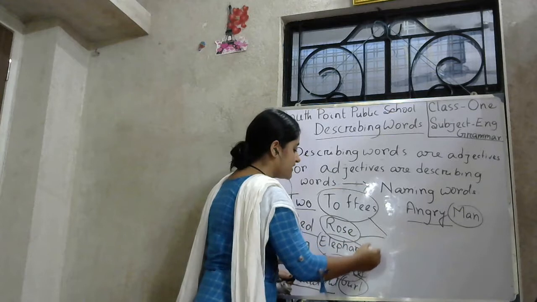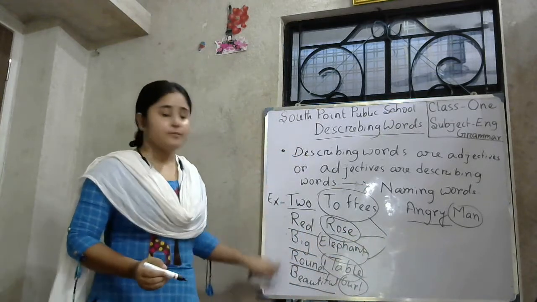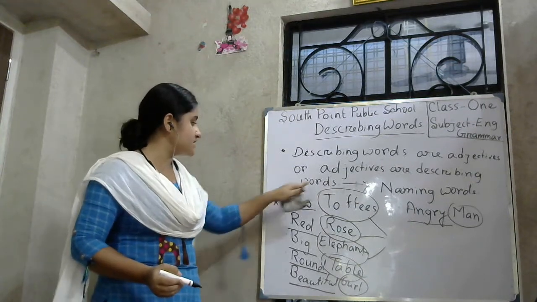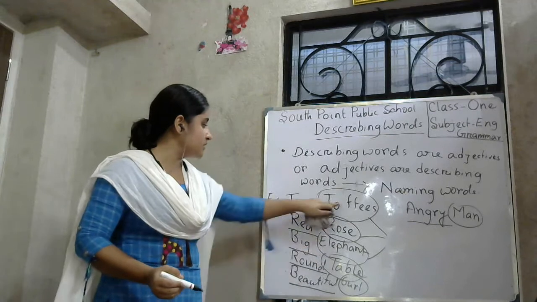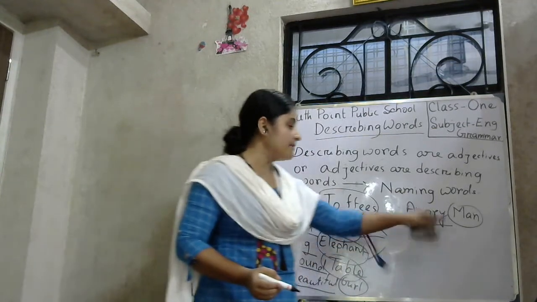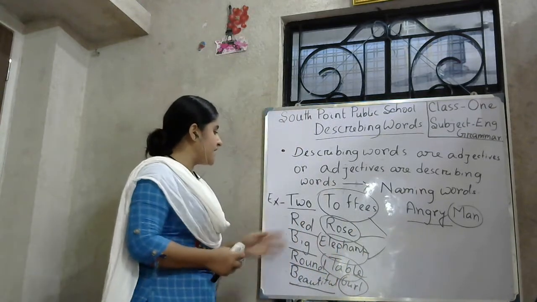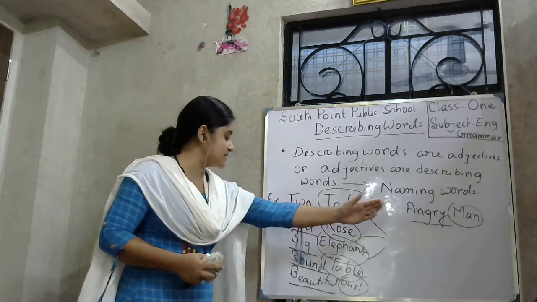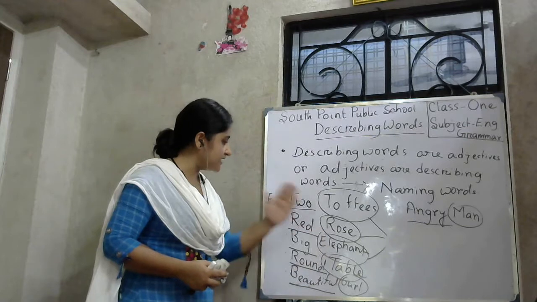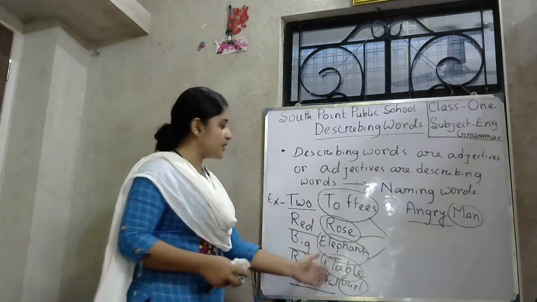These underlined words are describing words or adjectives because they tell more about these nouns. So we can easily say that describing words tell more about any person, any animal, anything, any color, everything.